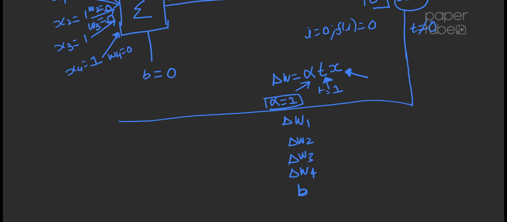So delta W1 is alpha T X1, delta W2 is alpha T X2, delta W3 is alpha T X3, delta W4 is alpha multiplied by T multiplied by X4, and the change in bias is just the learning rate multiplied by your target.